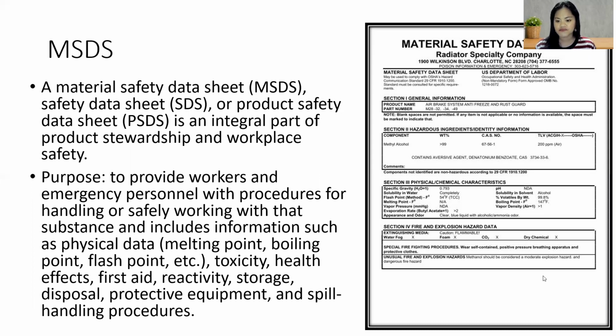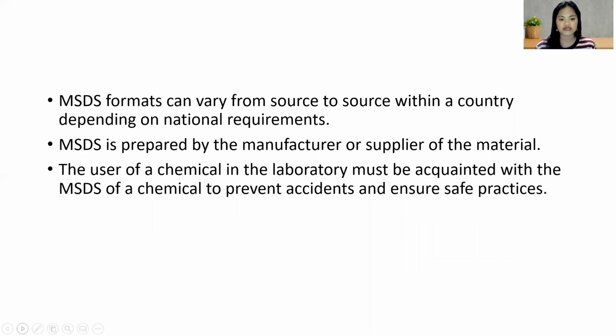This is an example of the first page of a material safety data sheet. As you can see, there is the general information, and also the hazardous ingredients identity information. Let's discuss it one by one as we proceed.